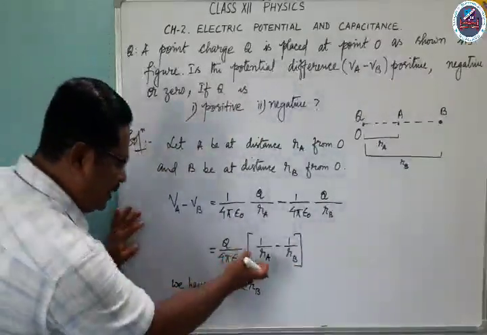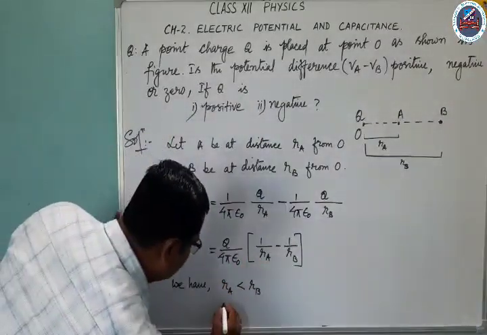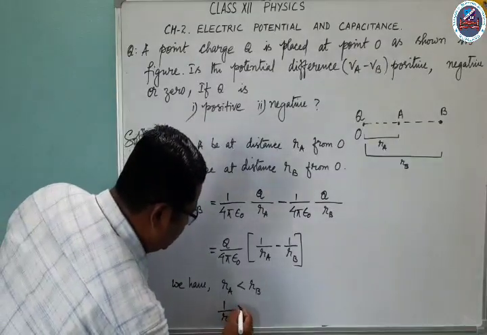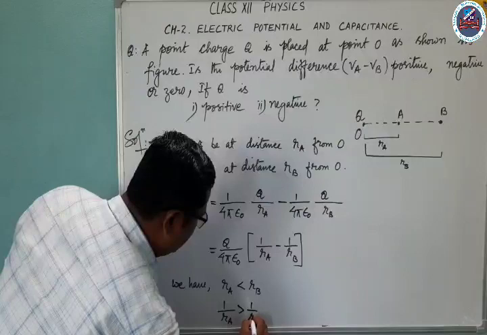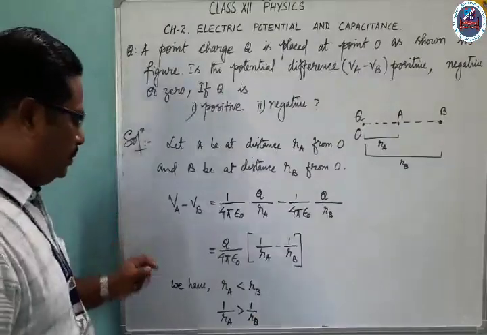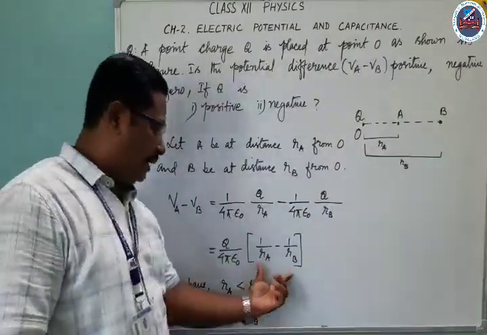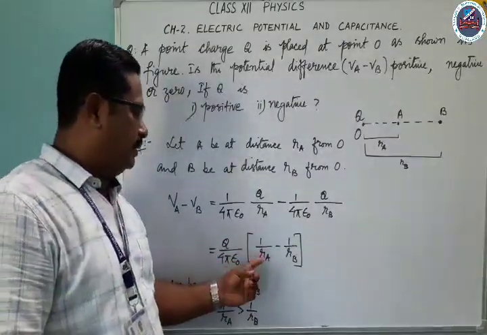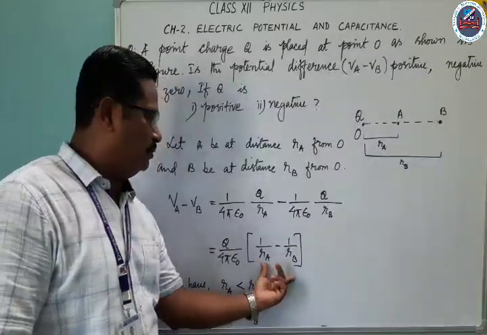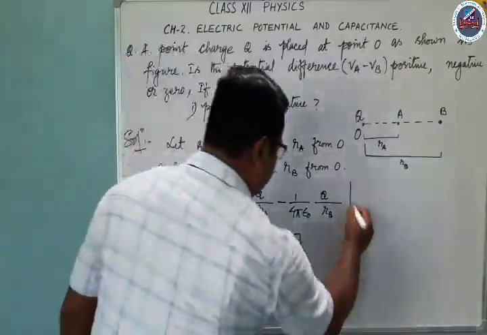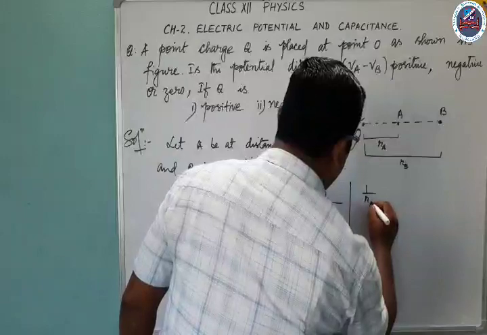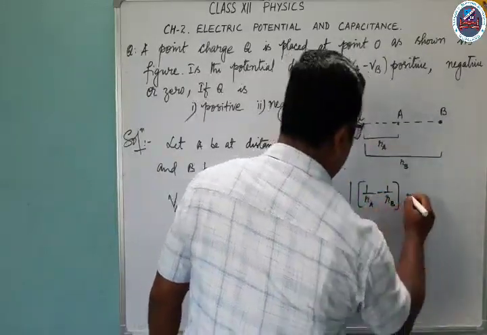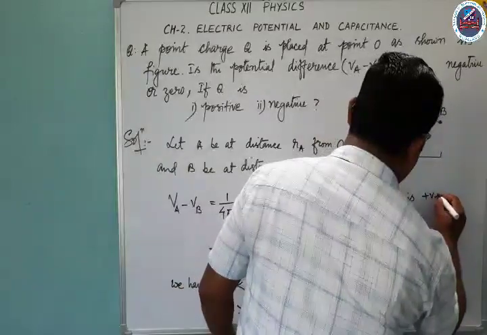So if I reverse it, then 1 by RA is bigger than 1 by RB. So if you look at this bracket term, since 1 by RA is always bigger, the difference of these two will always give a positive quantity. So here 1 by RA minus 1 by RB is positive.